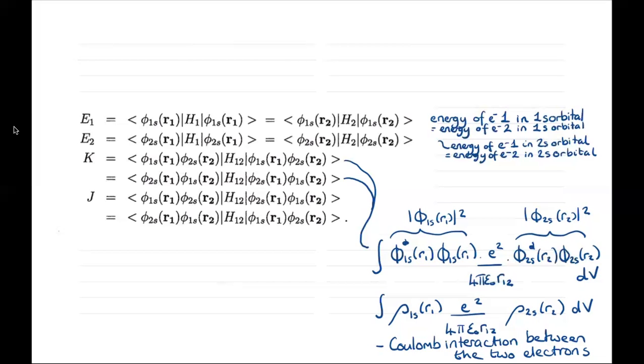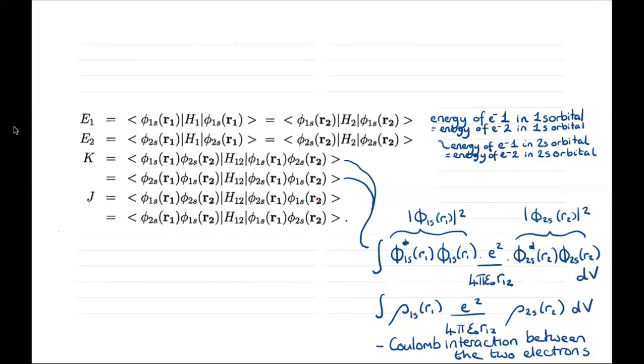So what about the last term, J? In the J term, I have electron 1 in the 1s orbital on the left and electron 2 in the 2s orbital. So at the moment it's looking like the Coulomb interaction term. They're interacting via the Coulomb interaction. But on the right-hand side, I have electron 1 in the 2s orbital and electron 2 in the 1s orbital.